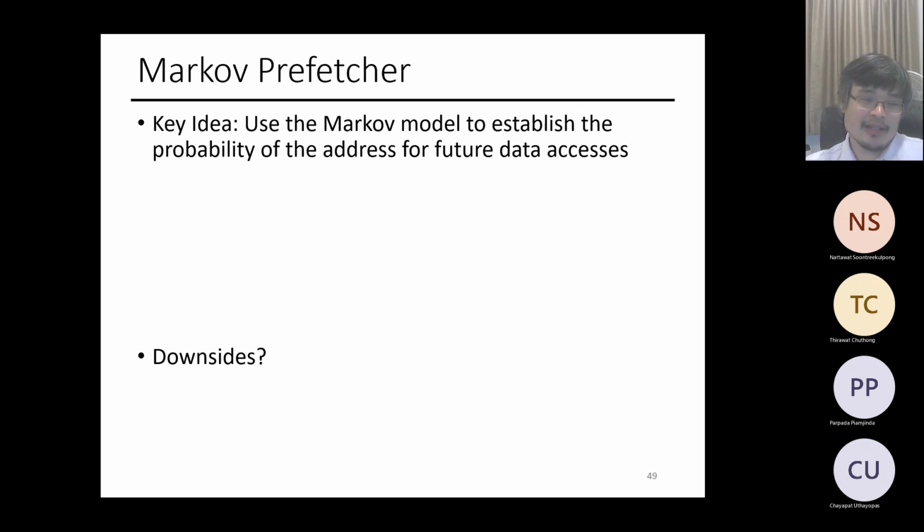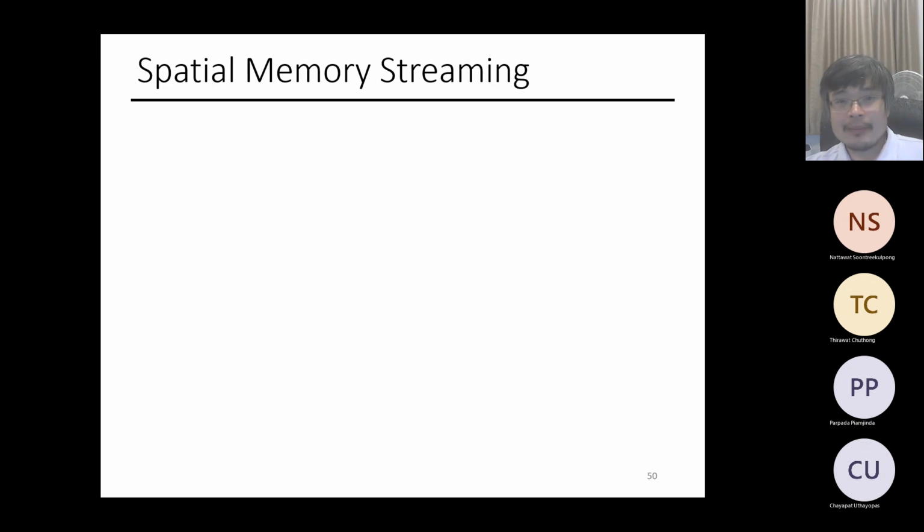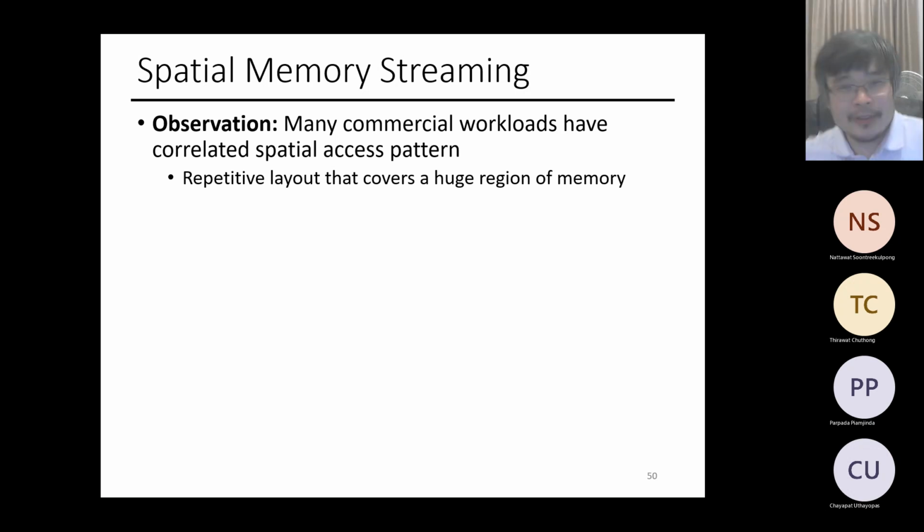The next idea is called SMS, or spatial memory streaming. The observation is many commercial workloads have correlation, not just branch correlation, but data address correlation. So we can use repetitive layouts that cover a huge region of memory, in a similar fashion as you look at branch predictors, like the two-level predictor.